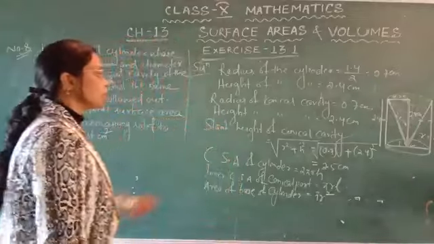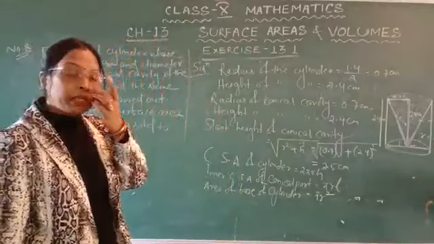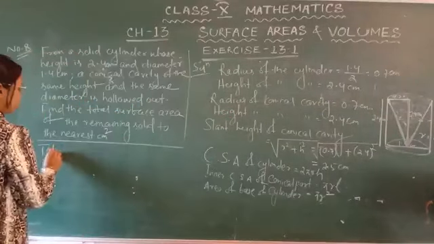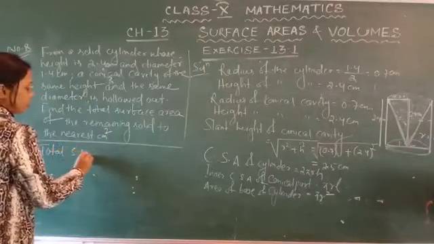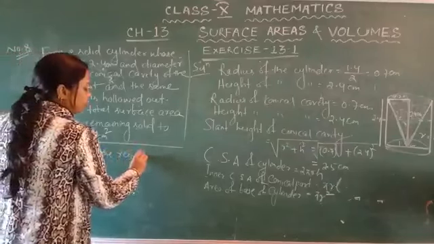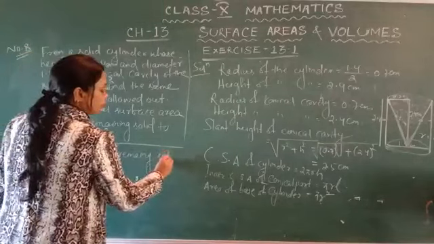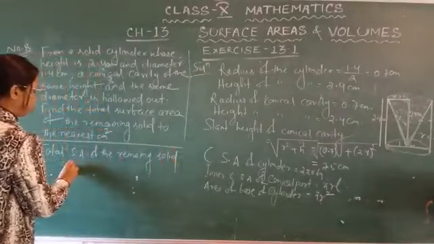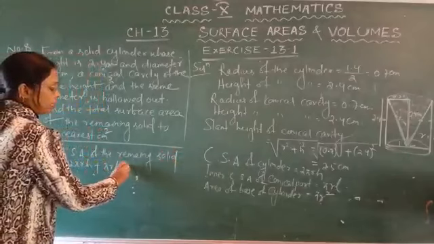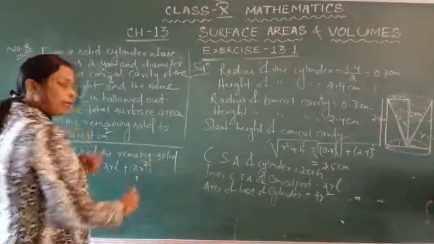So the total surface area of the remaining solid is equal to 2 pi r h plus pi r l plus pi r square.